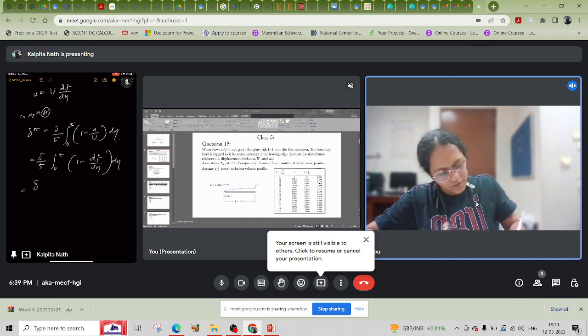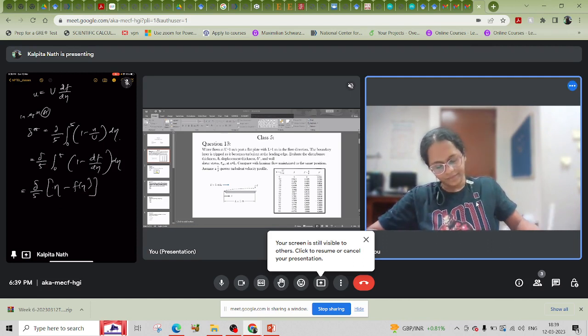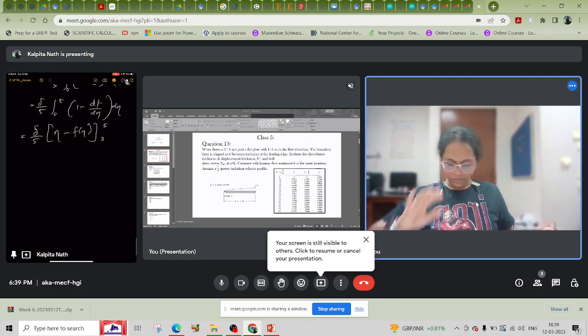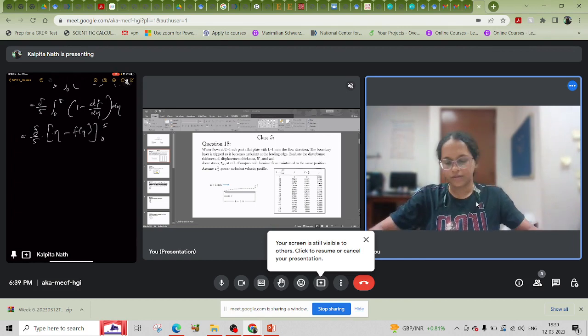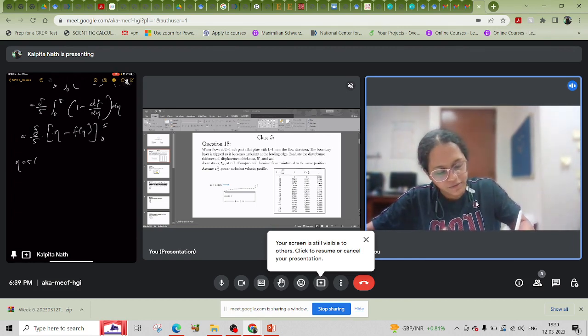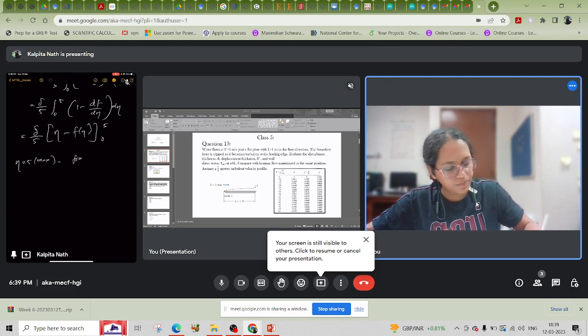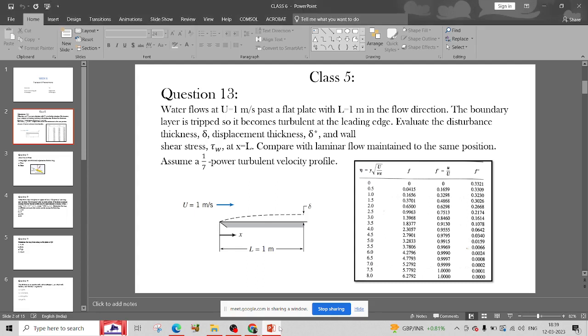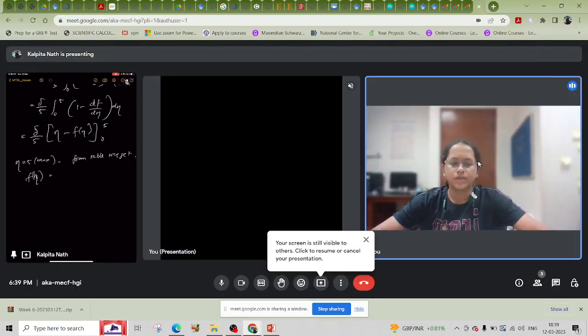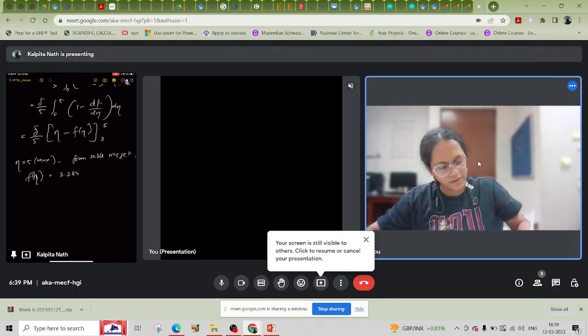This is equal to delta by 5 times eta minus f of eta, 0 to 5, which is 3.283.